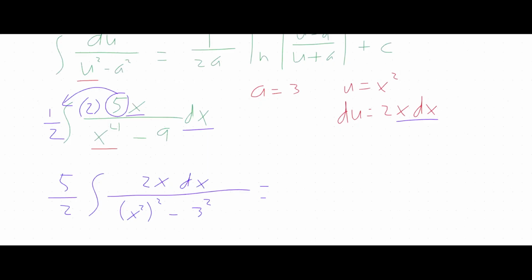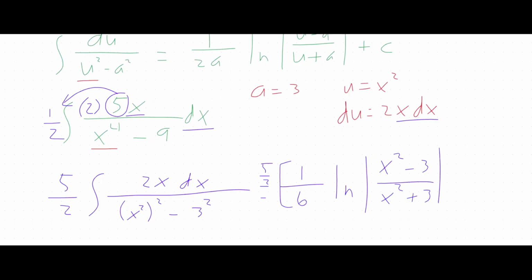That's 1 over 2 times a, and don't forget your natural log absolute value of u minus a over u plus a, plus c.